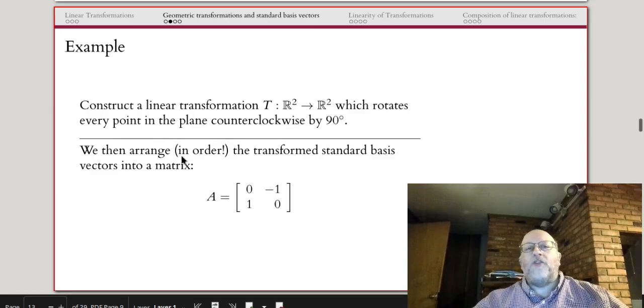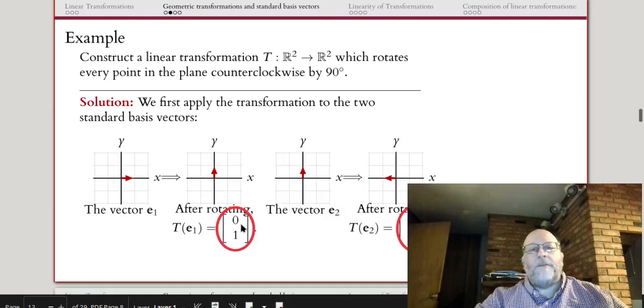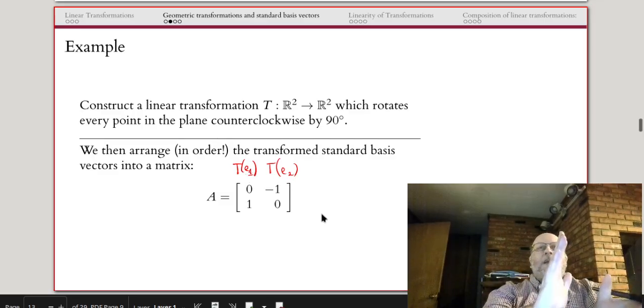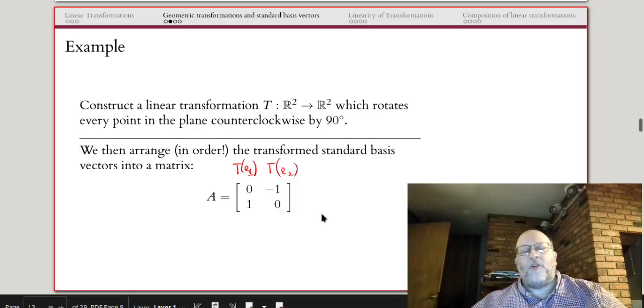We're going to arrange those transformed standard vectors into a matrix. The transformed version of e1 goes in this column, and the transformed version of e2 goes into this column. They're not the original coordinates of e1 and e2. They're the coordinates we get after we rotate them 90 degrees.